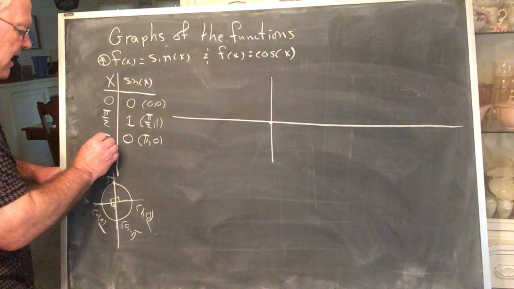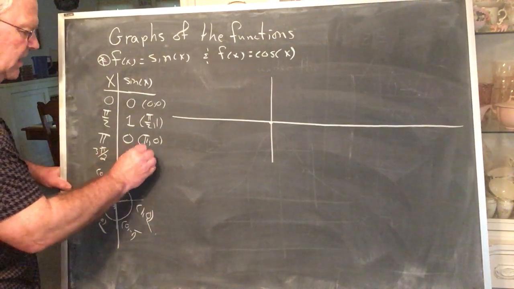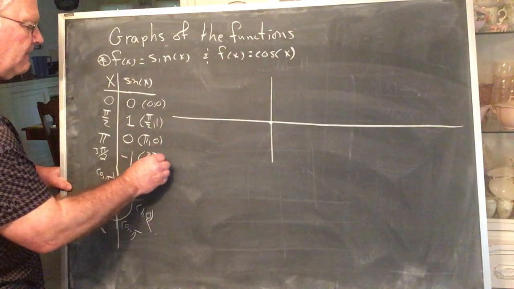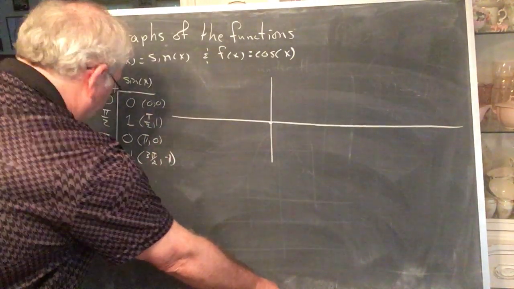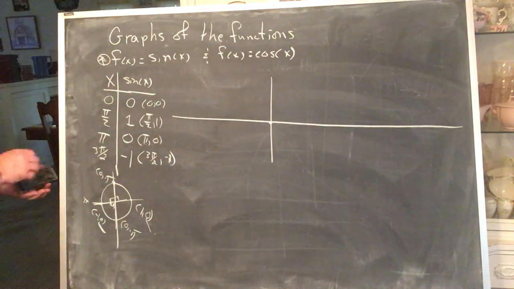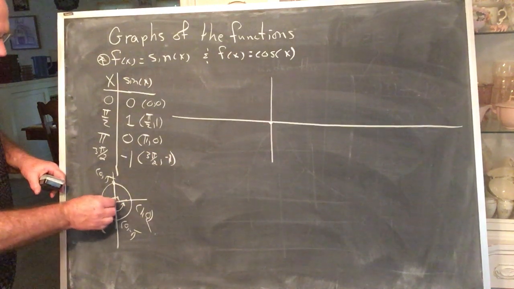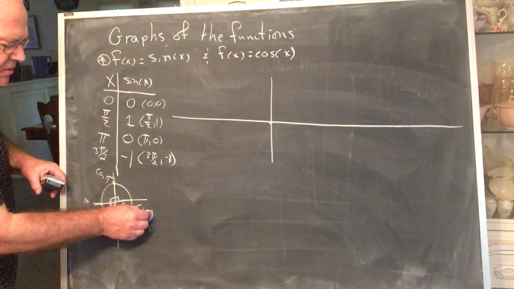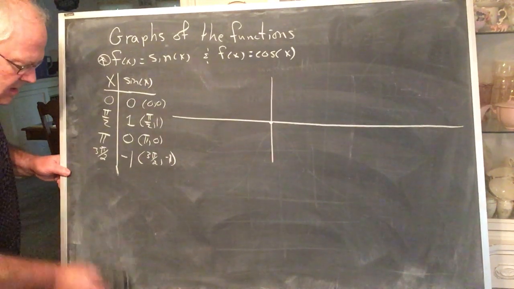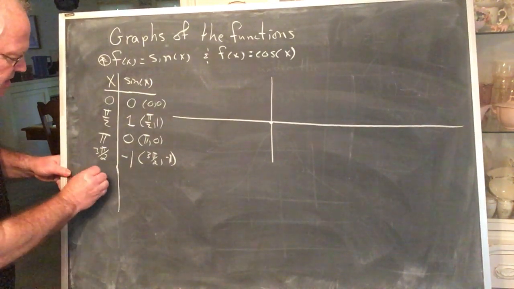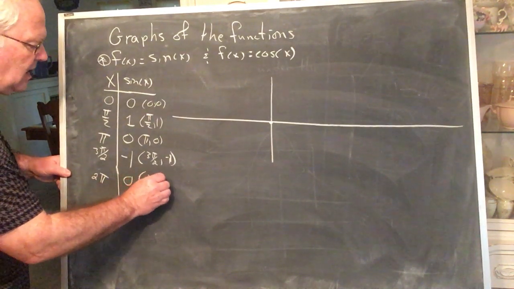So at 3 pi over 2, the function value is -1. And when we get around to 1 complete revolution, 2 pi, we've got back to exactly the same y coordinate, 0. So if the input of the function is 2 pi, the function value is 0, and we have the point (2 pi, 0).